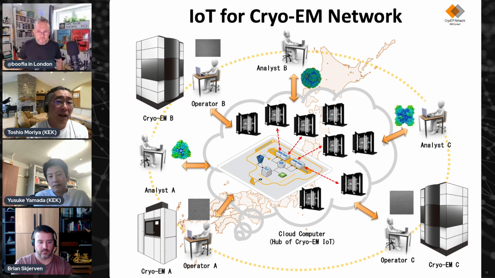But I wanted to go further because, as Brian said, the preparation, data, everything is separated, meaning we are doing closed science. I wanted to make open science. So what I came up with is, if we are using cloud, then we can connect all the CryoEM machines and operators and analysts together, like Internet of Things for the CryoEM network, right? This is basically what we want to do.